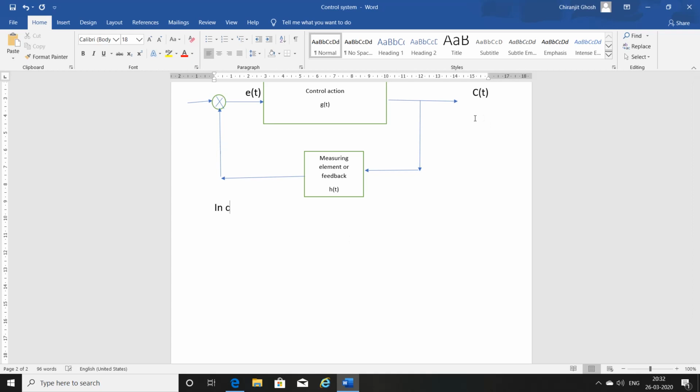In a closed loop control system, the output signal is affected by the control action through a feedback signal.